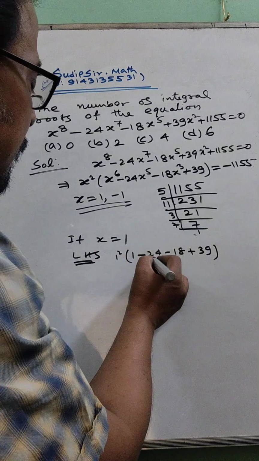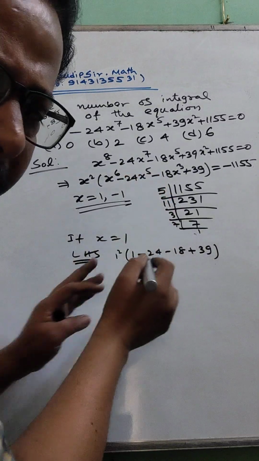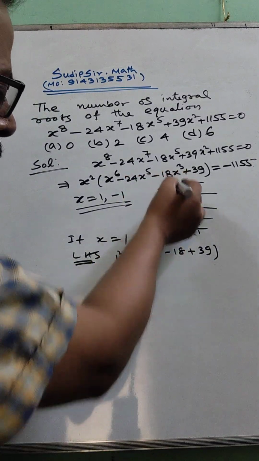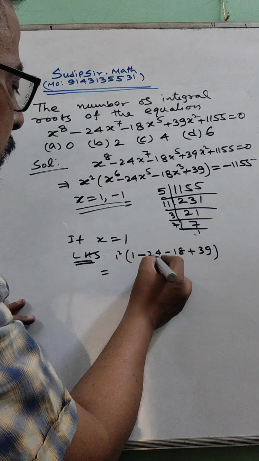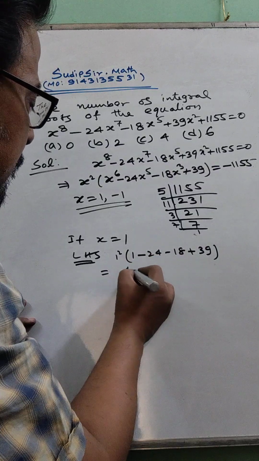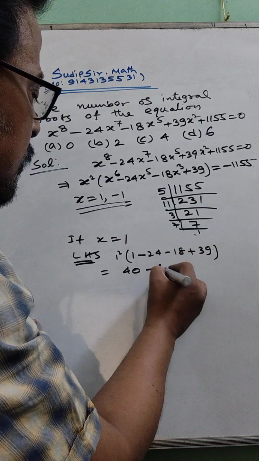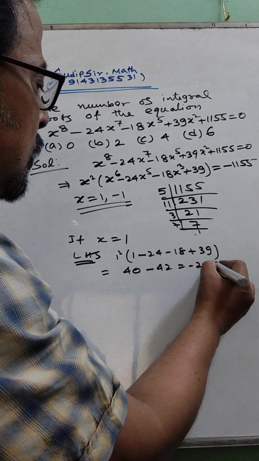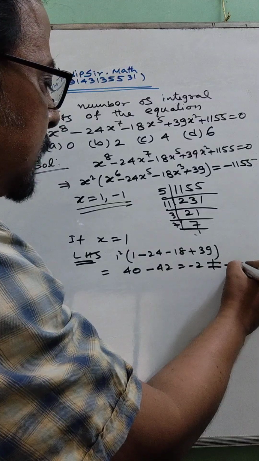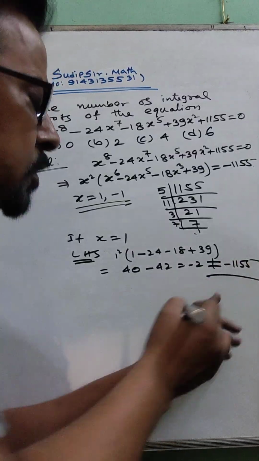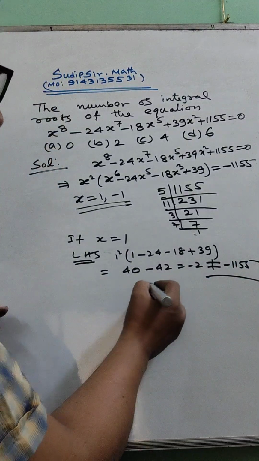So this will be 40 minus 42, that is minus 2, not equal to minus 1155. So x equal to 1 does not satisfy.